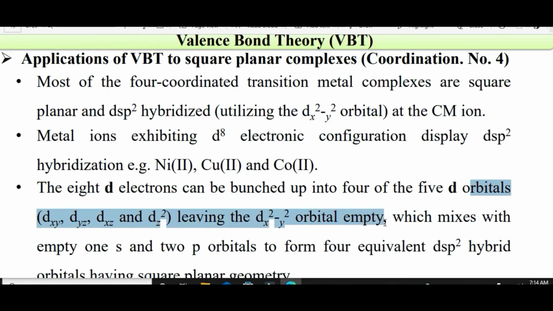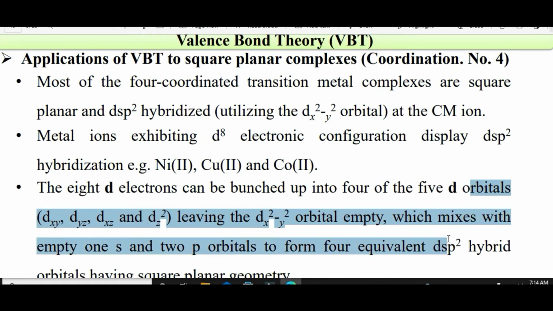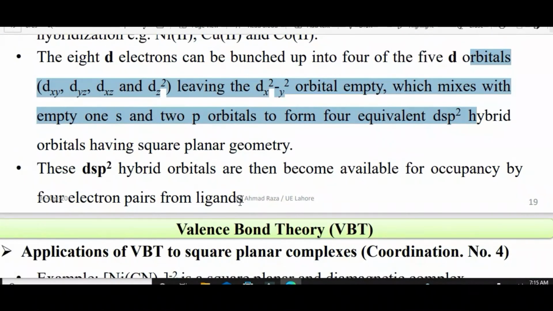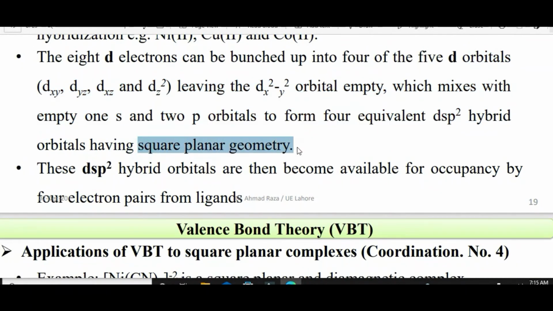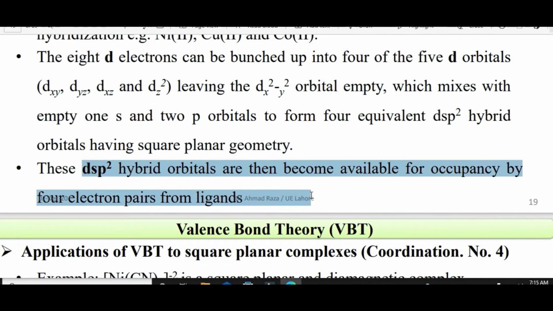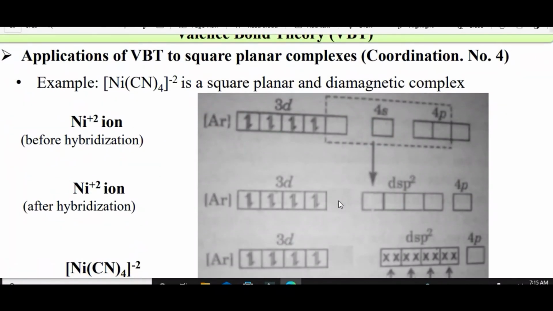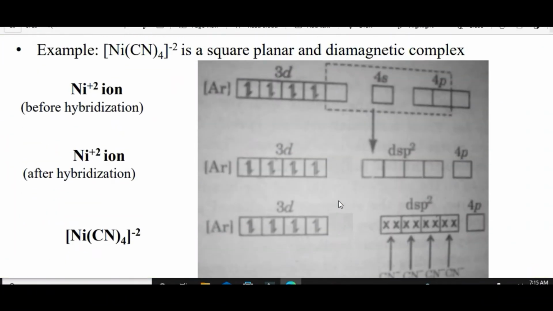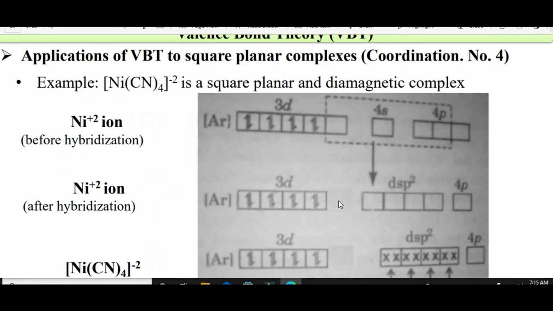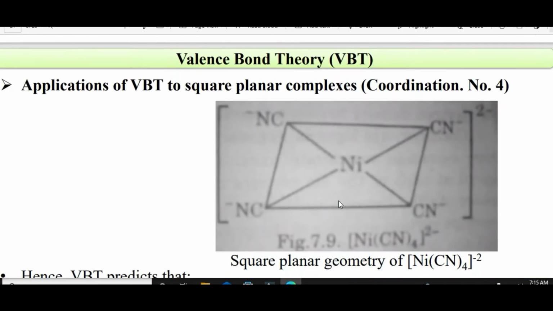Here you can see which orbitals are empty, which mix with empty 4s and 4p orbitals to form dsp2 hybridized orbitals, and this will form square planar geometry. These dsp2 orbitals then become available for occupancy by 4 electron pairs from ligands. Here you can see in the structure, this is a square planar and diamagnetic complex.